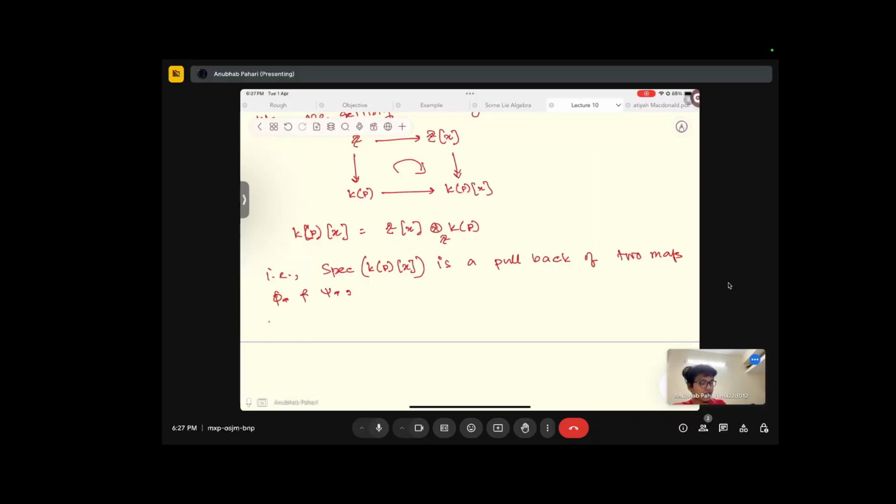Okay. If p not equals to 0, then we have Kp equals to Zp.